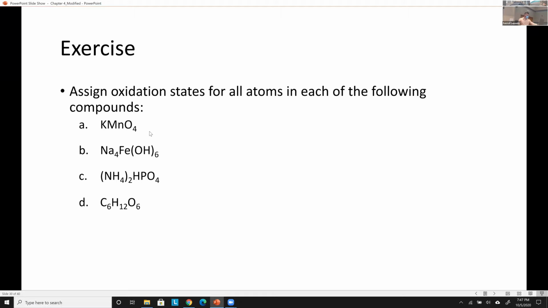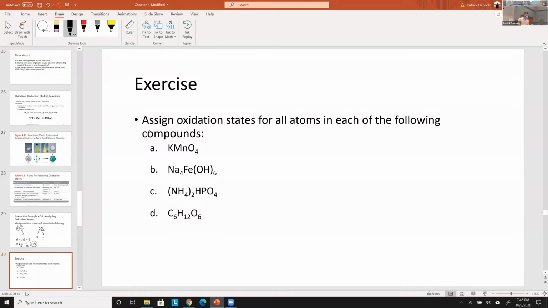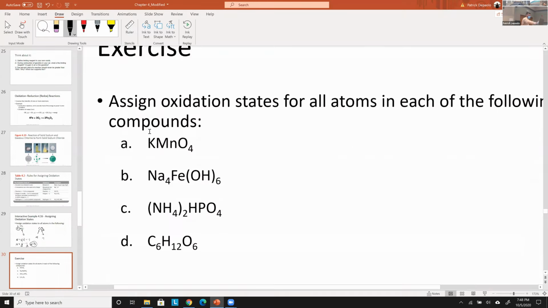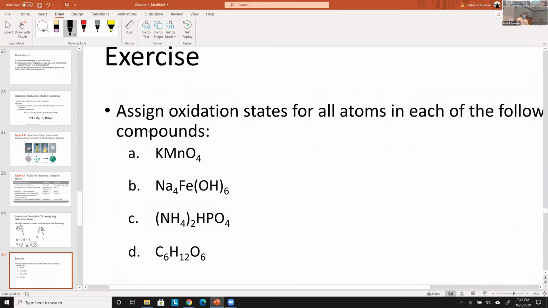All right. So let's do these. CHEM-125. What do we know? Someone tell me. Perfect, great place to start. O is -2. What else do we know? Good. K is +1. It's a group 1A. So now we can deduce the manganese from it.